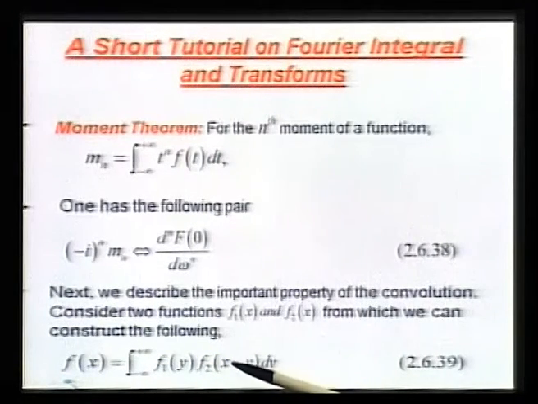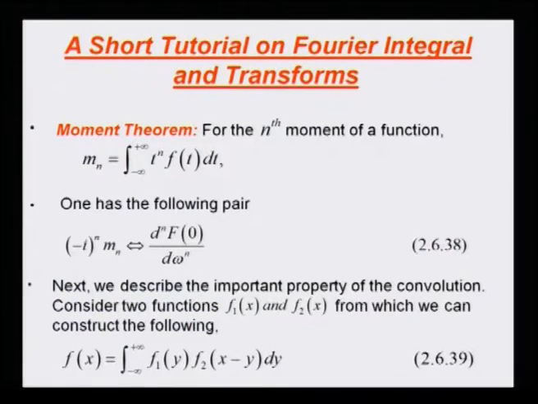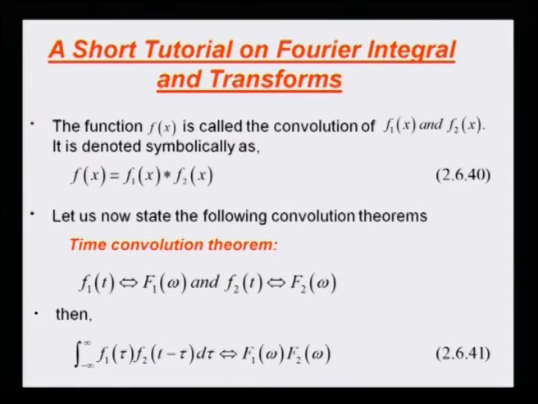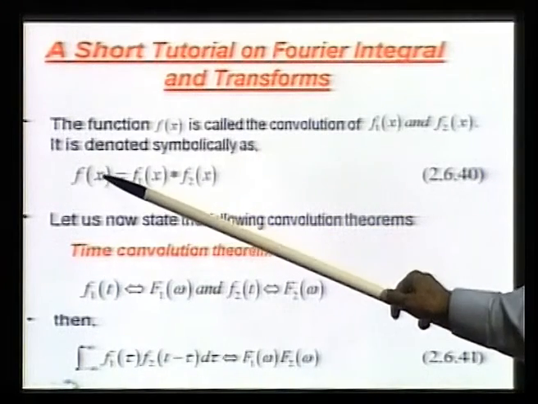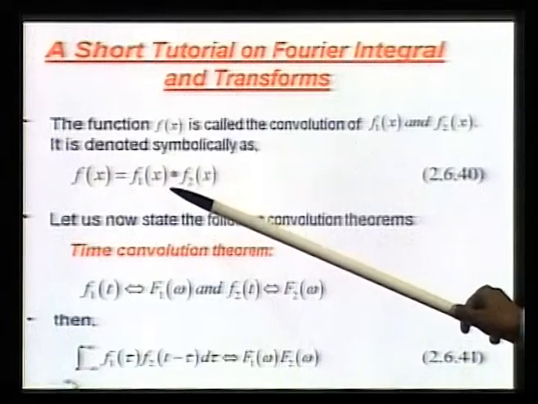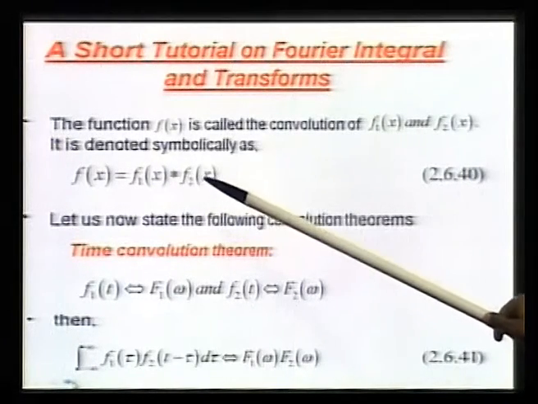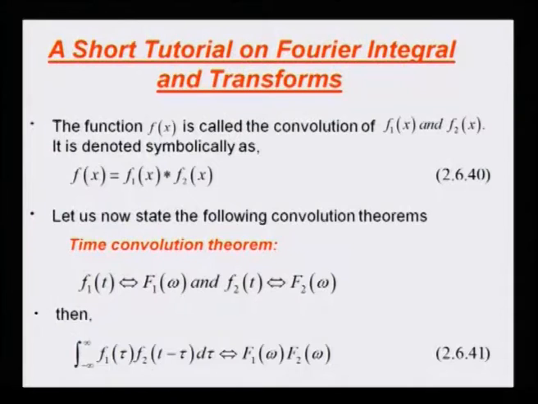Then the right hand side is essentially going to be a function of x alone, and that is what we are calling f of x. This has a property with the transforms of f1 and f2, and we will see that it is given in this slide. But first of all, we note that there is a symbolic notation for the convolution. F of x would be written as f1 of x star f2 of x. This was just notational convenience.